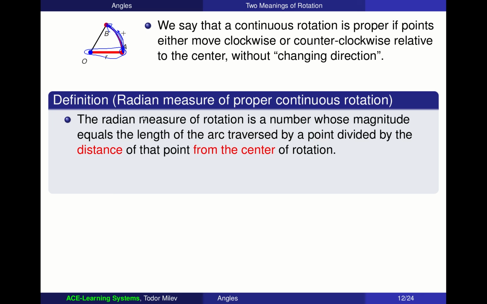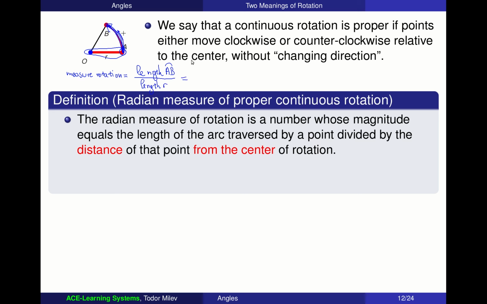So the radian measure of a rotation is given by taking the length of the arc AB divided by the length of the radius r.